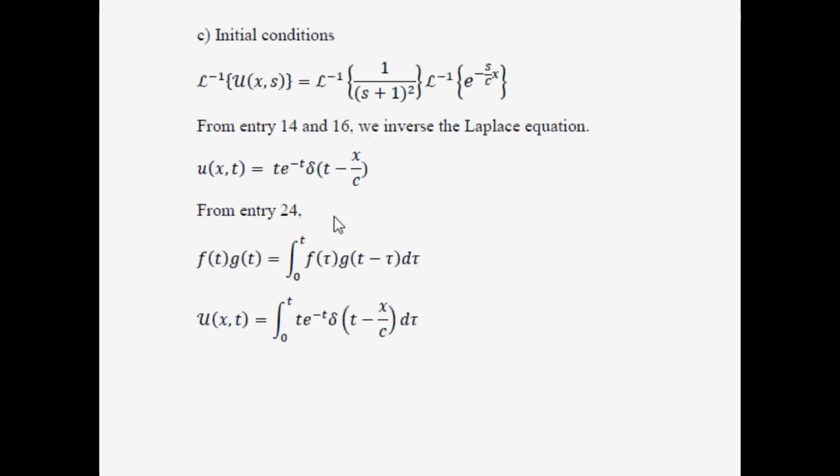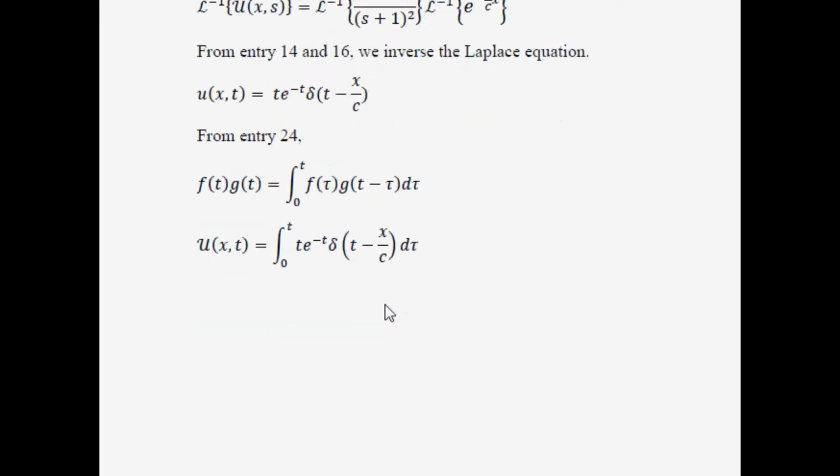From entry 24, the Laplace convolution theorem, f(t) star g(t) equals the integration from 0 to t of f(tau) g(t minus tau) d tau, so u(x,t) equals the integration from 0 to t of tau e^(negative tau) delta(t minus x over c) d tau.